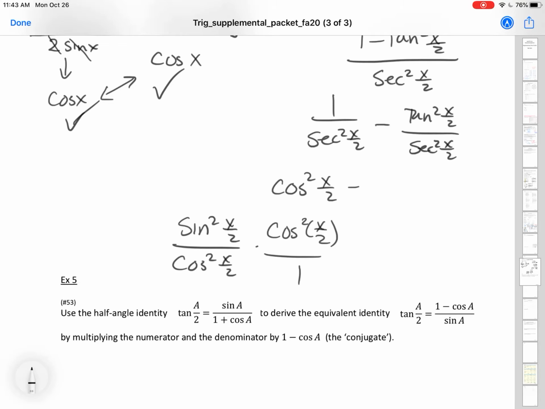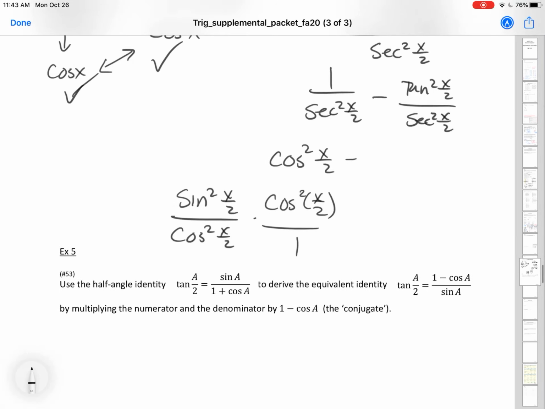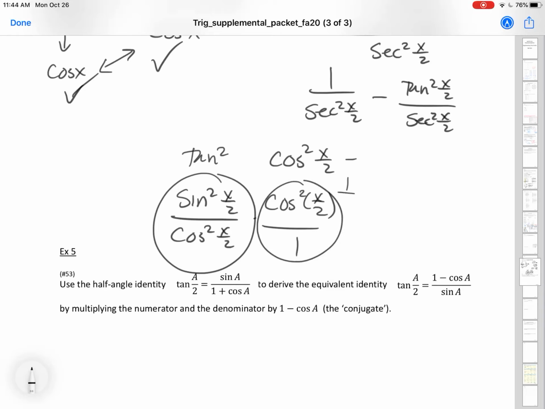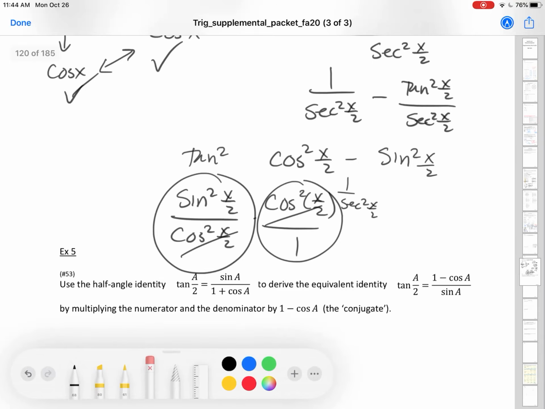Right? So I hope that that was easily followed. So you have your tangent squared, and this is 1 over secant squared, which is what we have on the bottom. The cosines cancel, and we're left with sine squared x over 2. Well, you know about that.